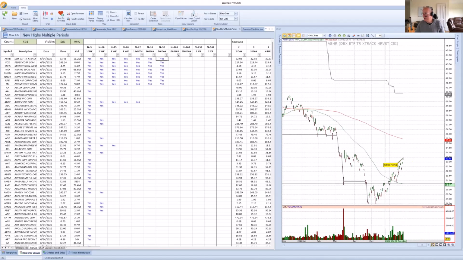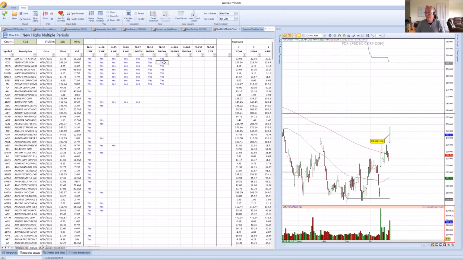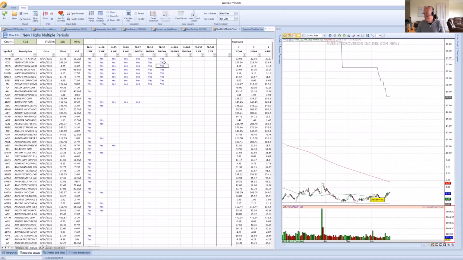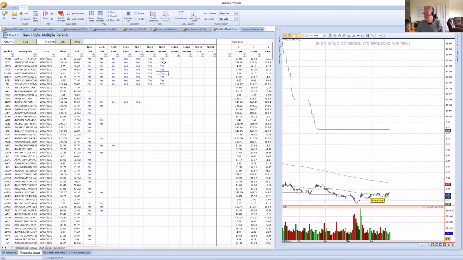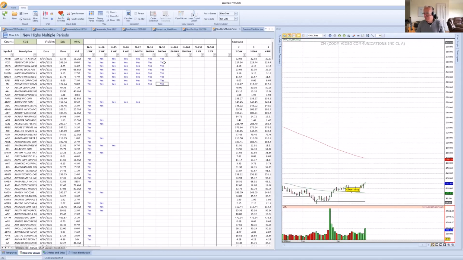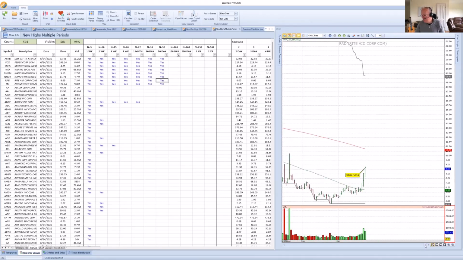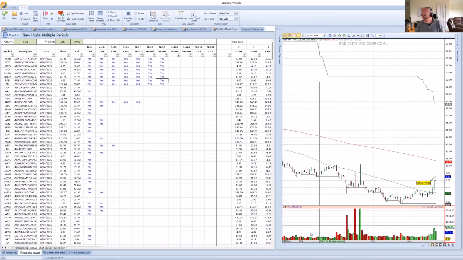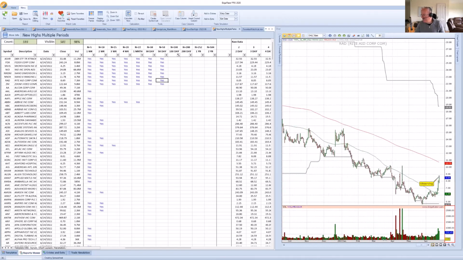But if it's going to turn around and continue rallying here, then it's going to continue along the path of making new longer-term highs. So interesting way to look at stocks, and something I hadn't looked at for some time, but it actually is quite powerful.